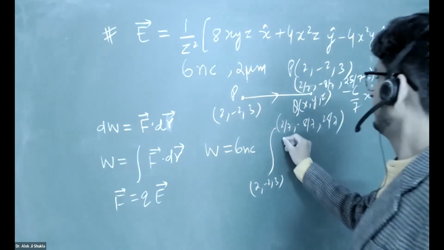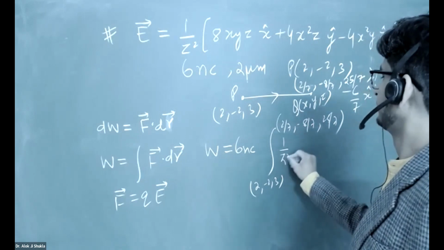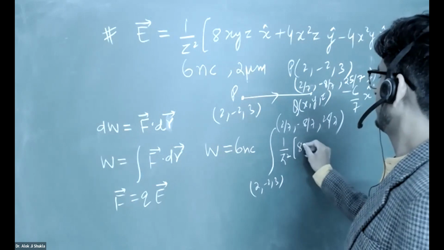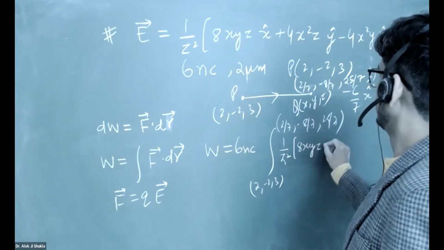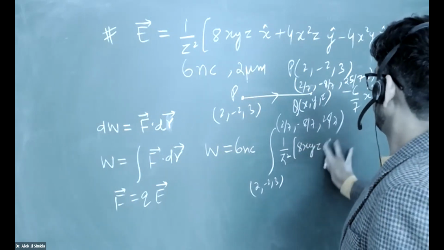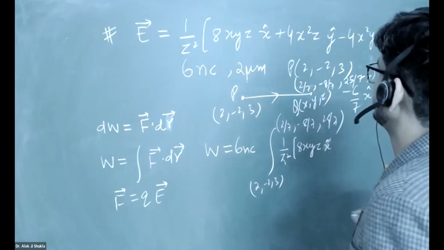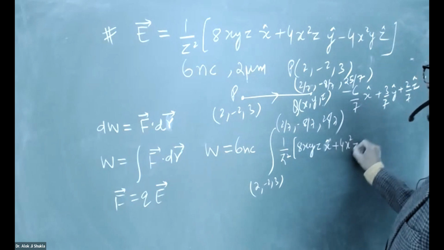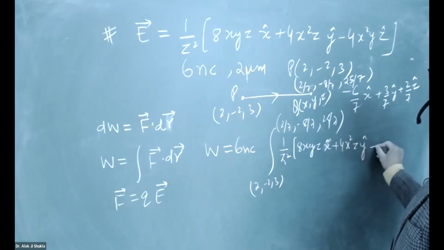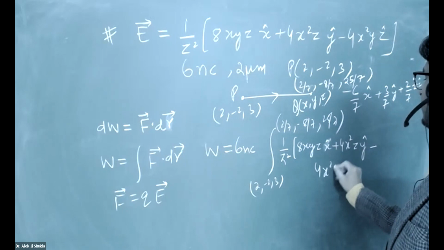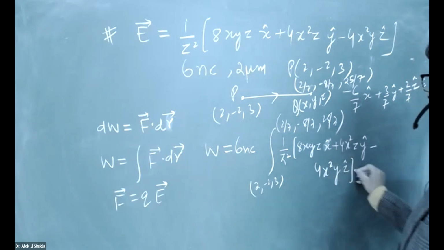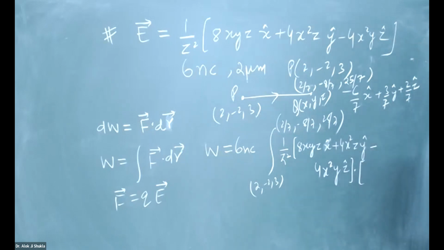1 by z square, (8xyz x cap plus 4x²z y cap minus 4x²y z cap) dot, किस डायरेक्शन में जाना है उसका dr लिख लो.